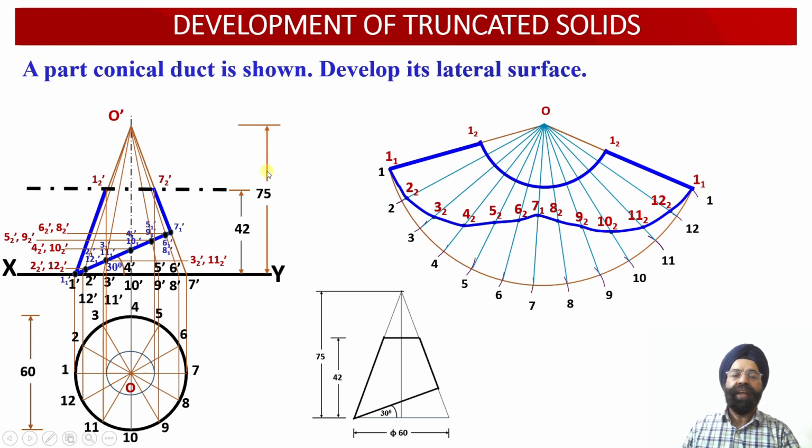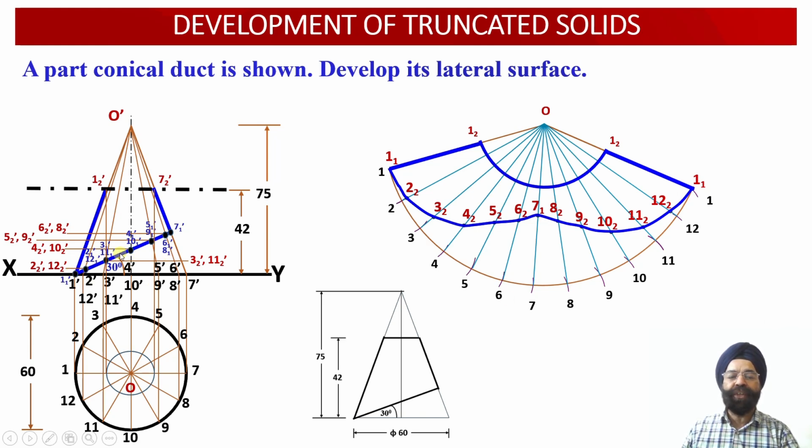So this way we have been able to obtain the front view projections corresponding to the truncated solid, the top view orthographic projections for this truncated solid, and the development of the lateral surface of this truncated solid, which has been cut by 2 cutting planes over here.